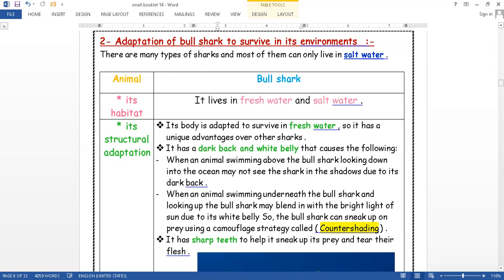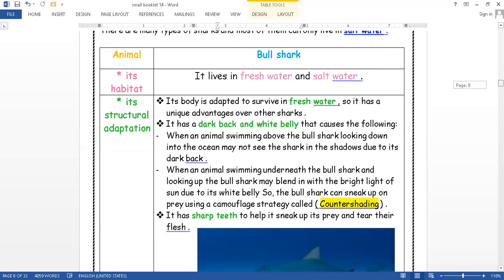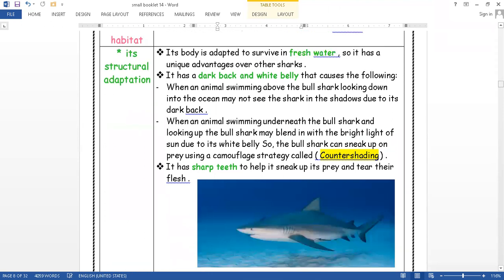Now let's differentiate between the structural adaptation and the behavioral adaptation for the bull shark. Let's start by separating the body of the bull shark into two different parts. Number one will be the back of the bull shark, and number two will be the belly. Now we will find that the upper part of the bull shark is dark.